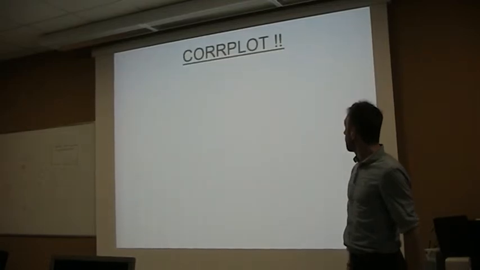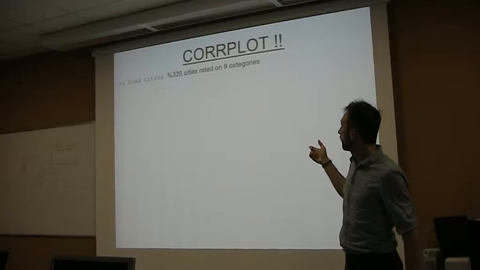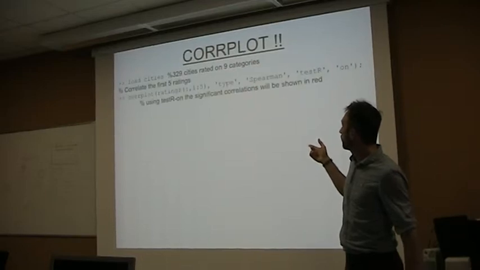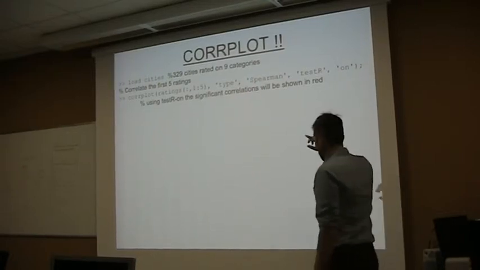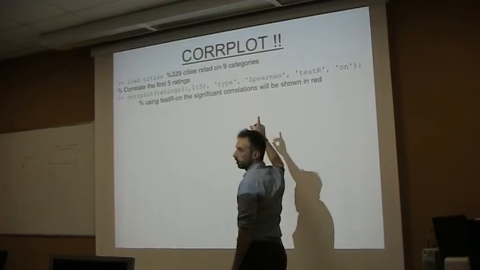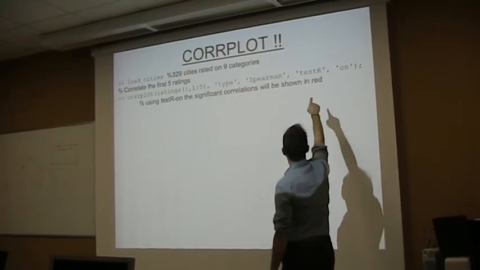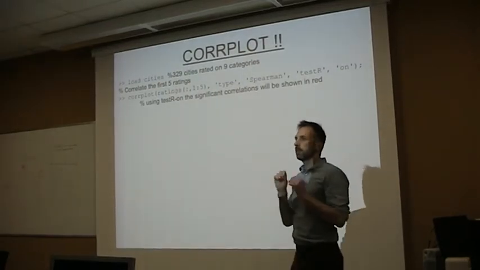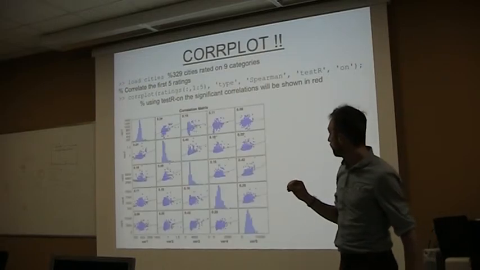But much cooler is corrplot. I showed you yesterday, I think. The way it works is like this. There's a very cool feature also. So first of all, you can specify if you want Pearson or Spearman. And second, you can tell it with this testR on to basically flash in red the correlations which are significant at p 0.05.